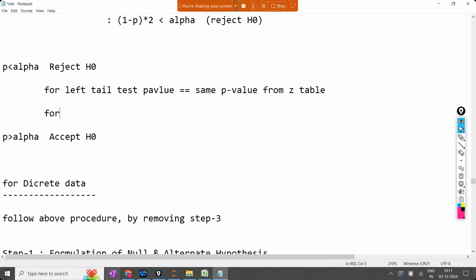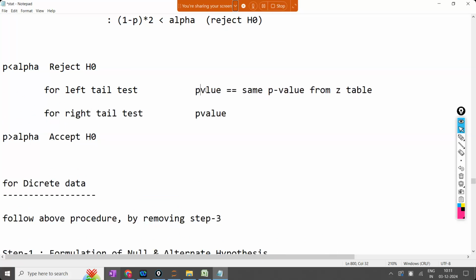For a right tail test, what is the P value?